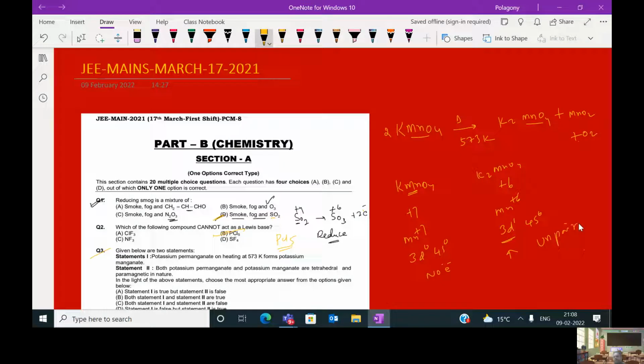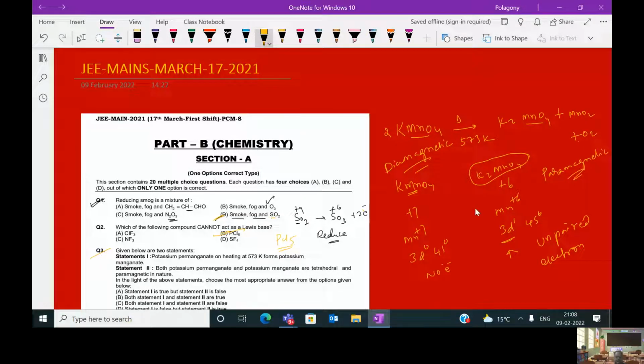That means K2MnO4 is paramagnetic, and KMnO4 has no unpaired electron, so it is diamagnetic in nature. So potassium manganate is paramagnetic.